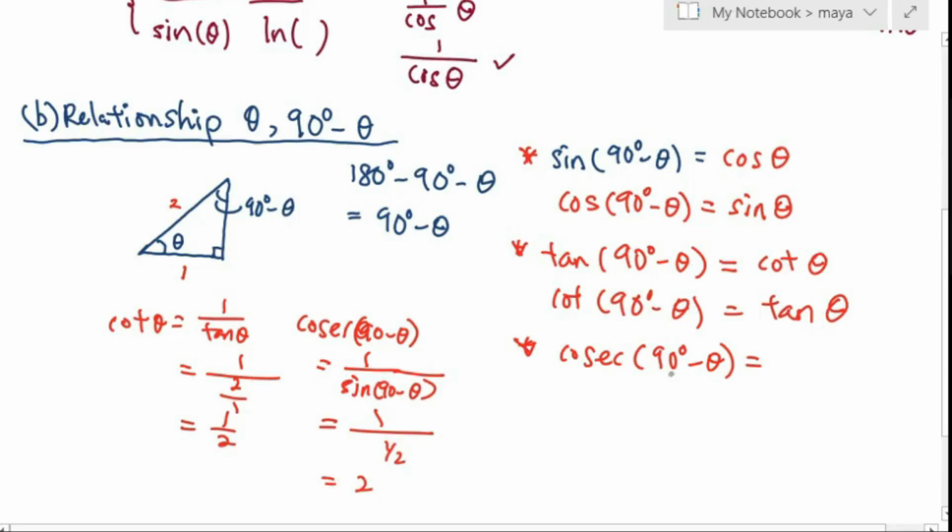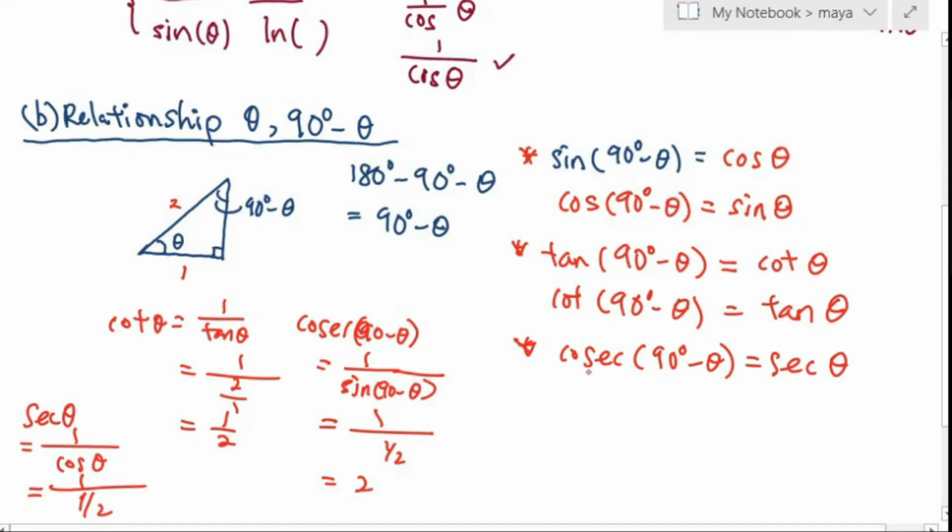So it equals secant theta. Secant theta equals 1 over cos theta, so you will do 1 over 2. Notice that they are the same. Therefore, cosecant 90 minus theta is the same as secant theta.